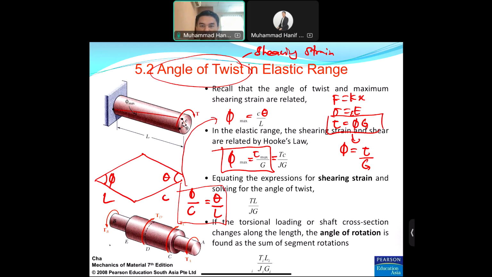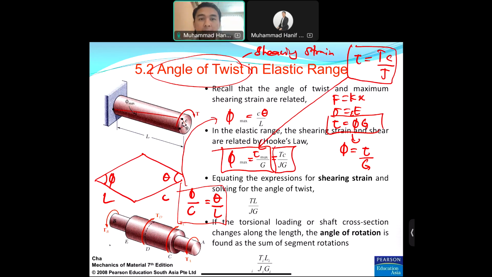Once we have phi equal to TC over JG, this one is phi. Phi is located at the longitudinal direction, which is here. But the angle of twist is located at the cross-sectional area. So you have to differentiate between these two. We are not going to use the phi equation in our calculation because phi is located at the longitudinal direction.